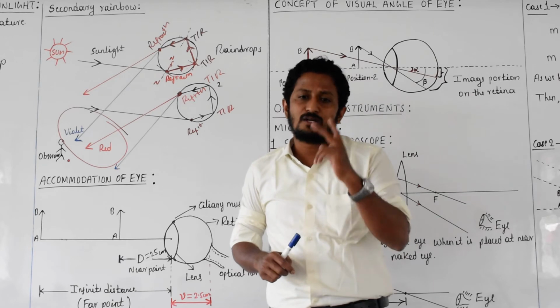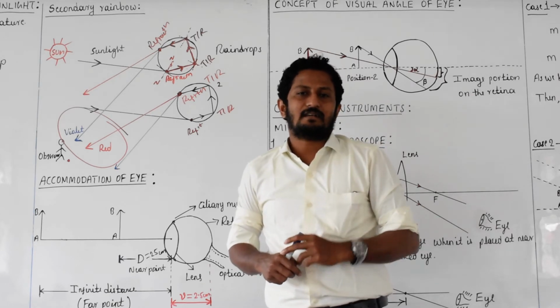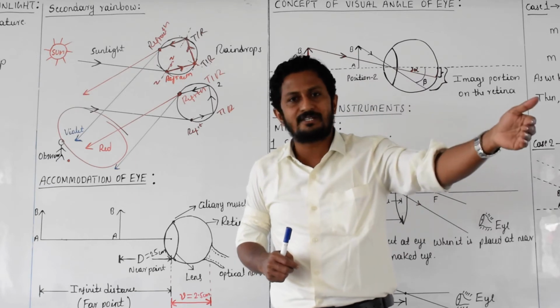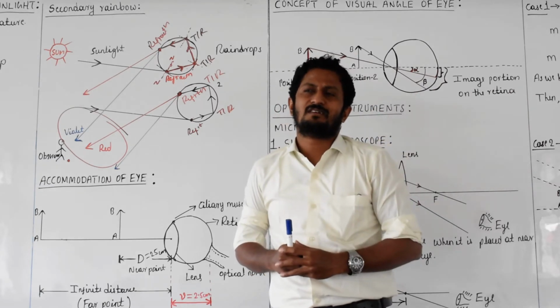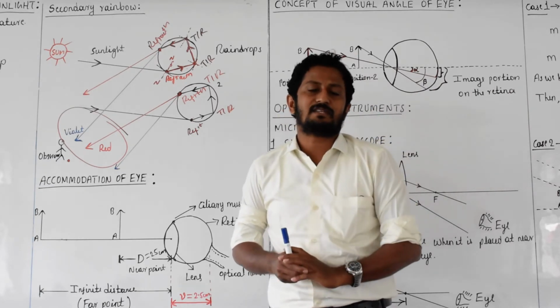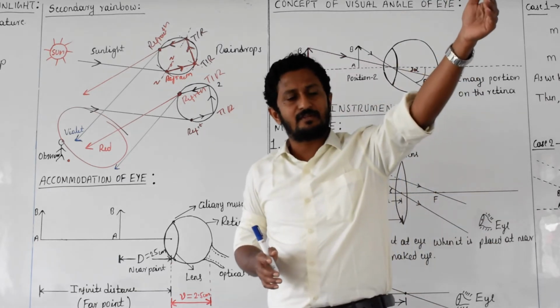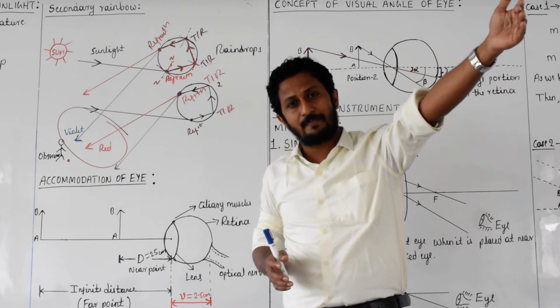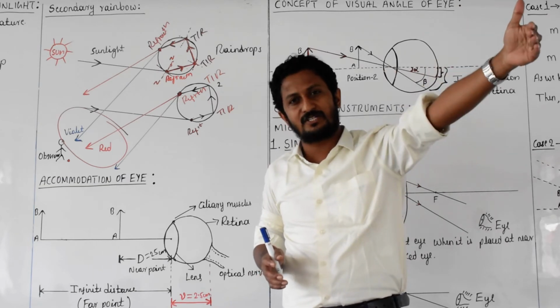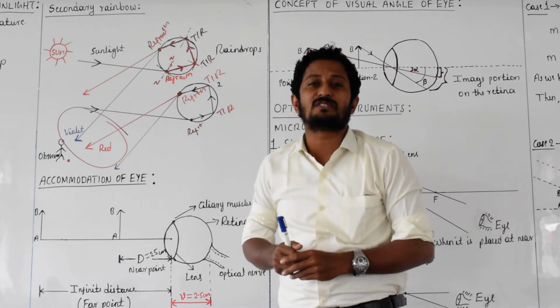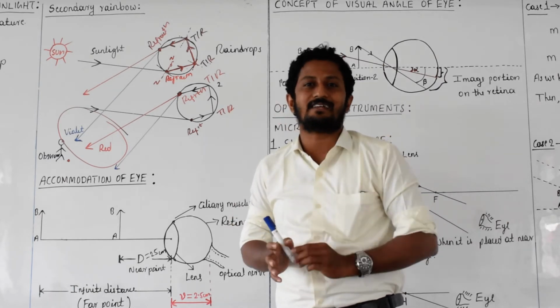The eye has 2 points, called the far point and the near point. Far point means the farthest point up to which I am able to see objects clearly.